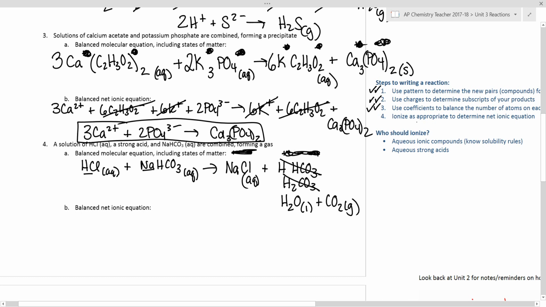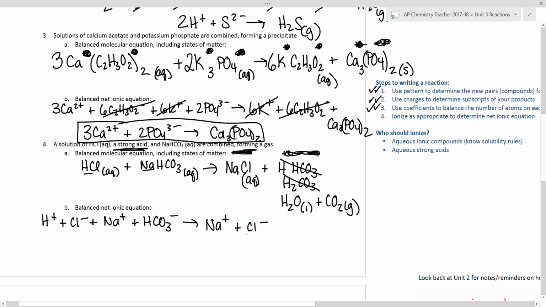So now I'm going to ionize my aqueous ionic compounds and strong acids. HCl is a strong acid, so it's going to ionize. And how do I know that? Well, it tells me right here in the problem. Sodium bicarbonate, it's an aqueous ionic compound, so it's going to ionize. Remember, we can recognize our ionic compounds because they have a metal and at least one nonmetal in them.